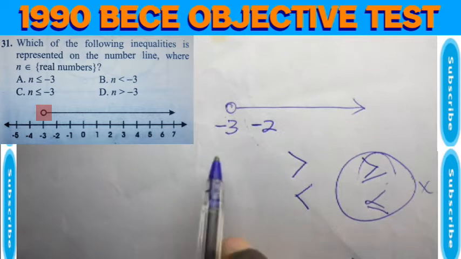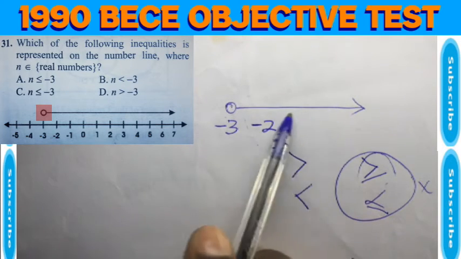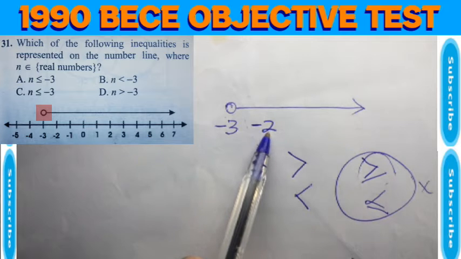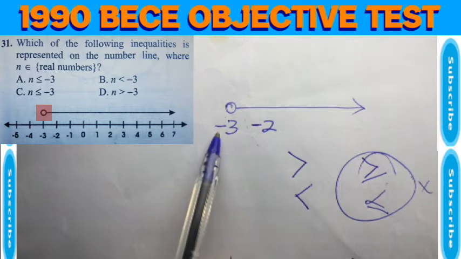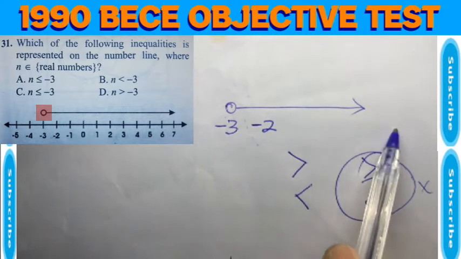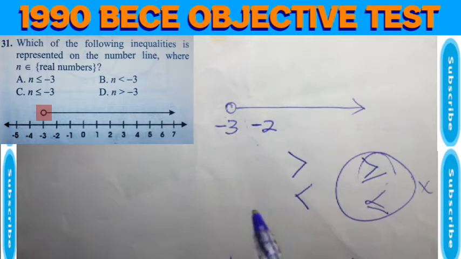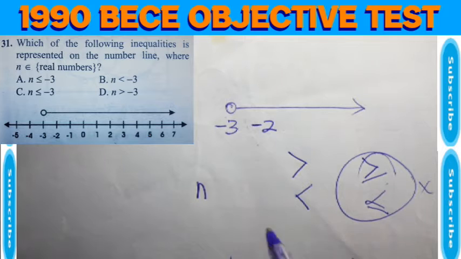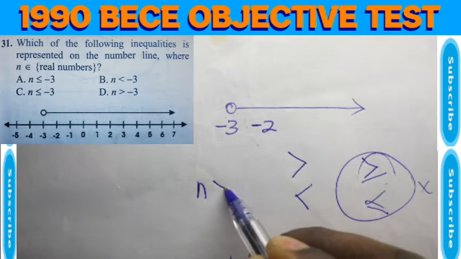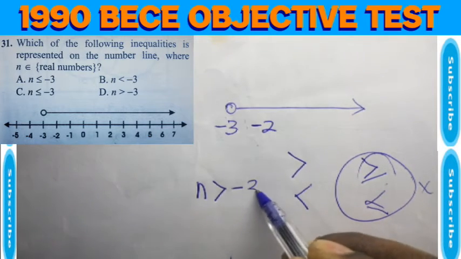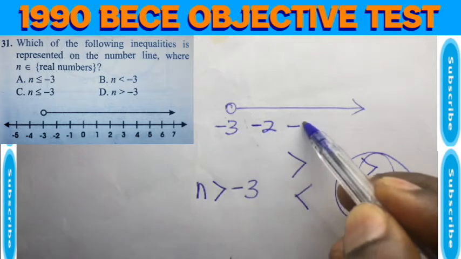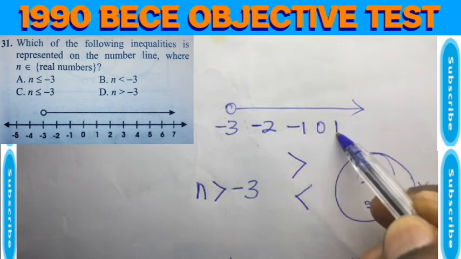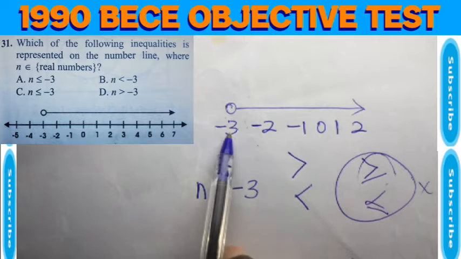So when you are listing the values for this illustration, you begin from -2. It means that all the values to the right of -3 are greater than -3, and it's going to be n. All right, n is greater than -3 because all the values moving to the right are greater than -3.